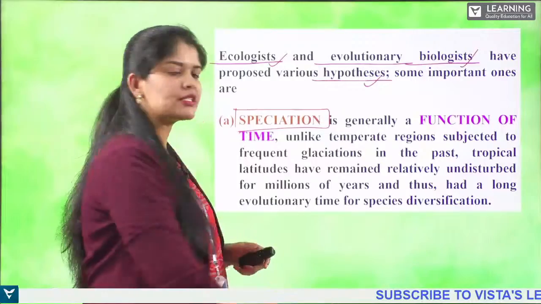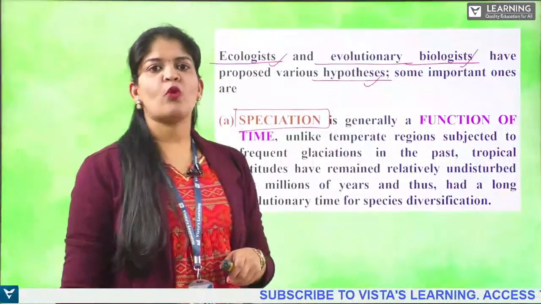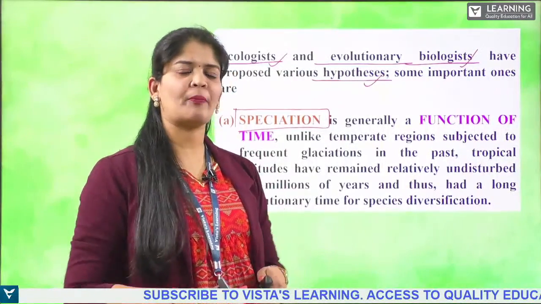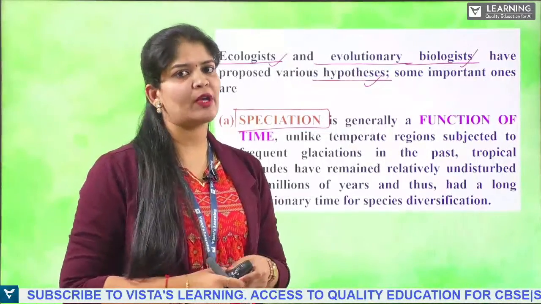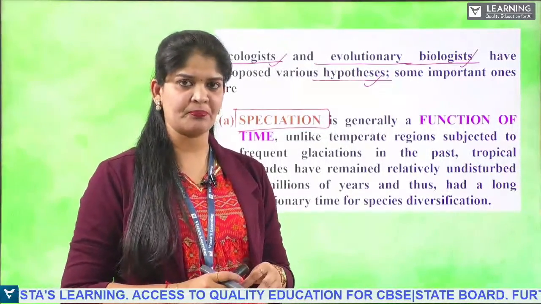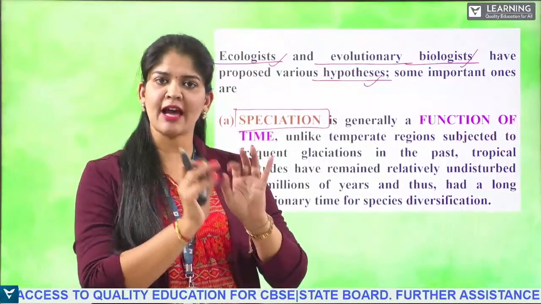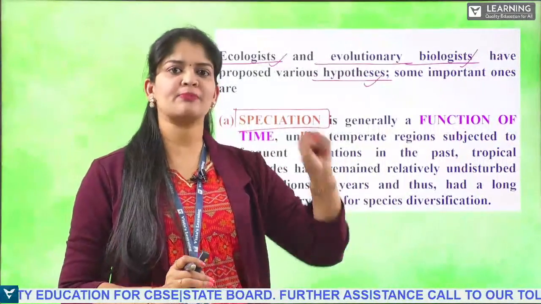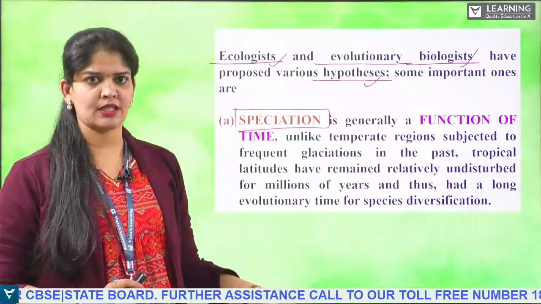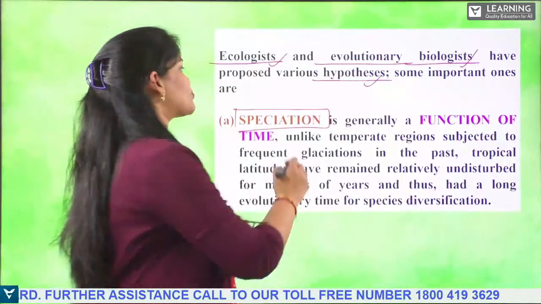These are the hypotheses proposed to explain why species diversity is more in the tropical region. We have to remember that tropical regions have more species diversity, and to explain that, these are the hypotheses. The first one is speciation.